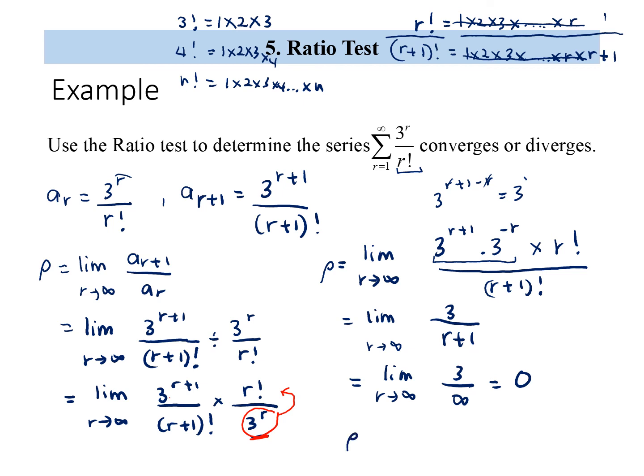So since rho is less than 1, it means that the series converges. So that's all for the convergence and divergence tests.